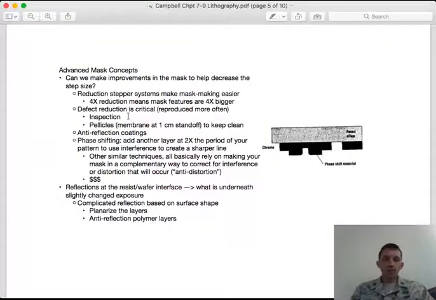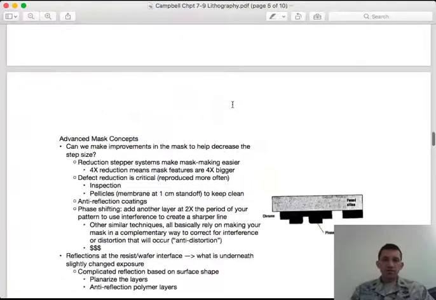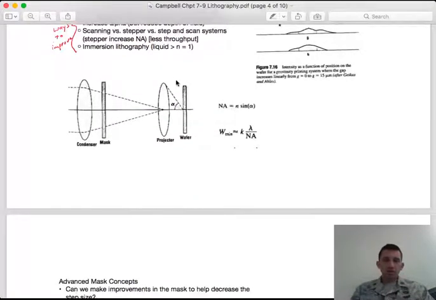If I find a defect, I can touch it up with an electron beam or a laser. I can also, during the exposure, insert what's called a pellicle. This is just a thin membrane in between the projection and the wafer, right?